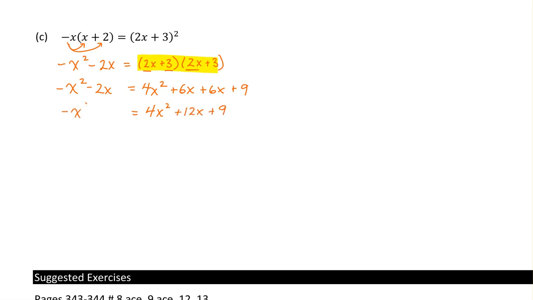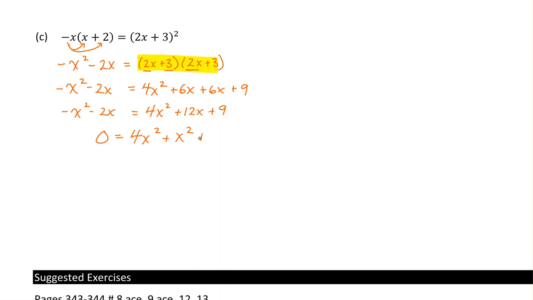Now that we've gotten rid of our brackets through expanding and FOIL, we're going to have to rearrange our problem so that we have one side of our equation equal to 0 and all of our constants and variables on the other. So, 4x squared, I'm going to bring that other x squared over.